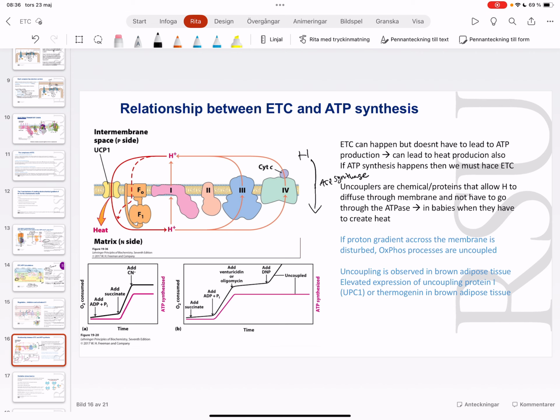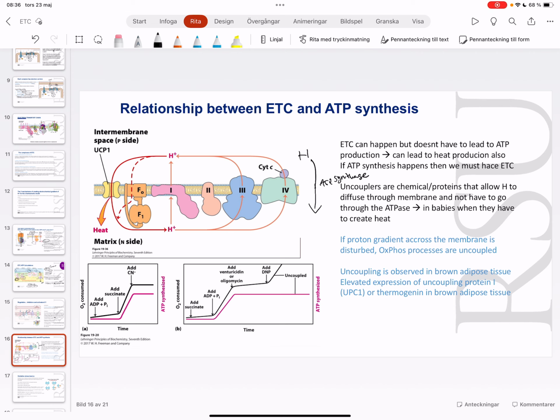But the thing is that we have something called uncouplers, and uncouplers will make another way for these hydrogens to flow back in. And if the hydrogens flow back in through another way than the ATP synthase protein, then the hydrogen electrochemical gradient will dissipate, and we will not produce any ATP.